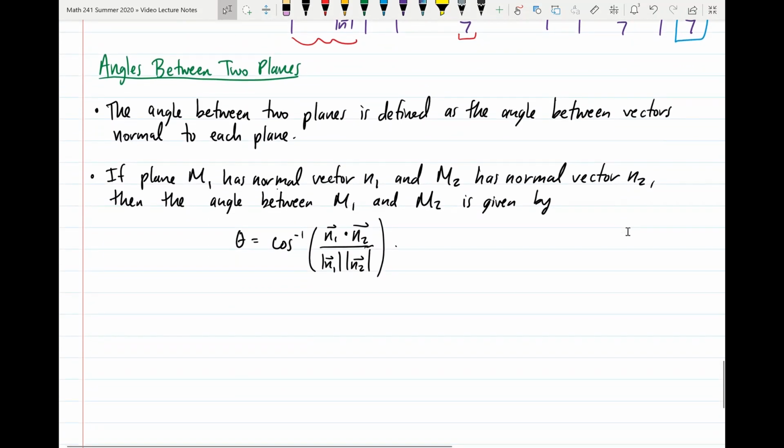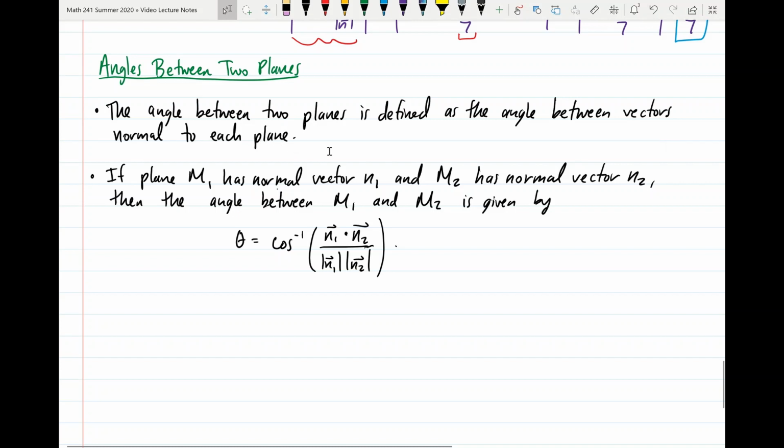And then just a little tidbit of information at the end of section 12.5 here. So we already talked about the angle between vectors in the plane. We can also define the angle between vectors in space. We can also talk about the angle between two planes in space. So the angle between two planes is defined to be the angle between the vectors that are normal to each plane.